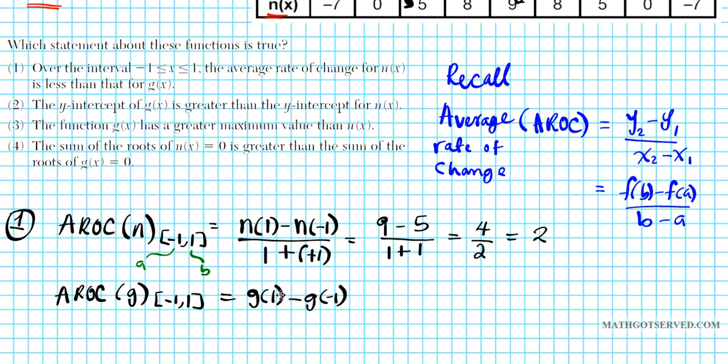This is a rise, y2 minus y1, over your run, x2, which is 1, minus x1, the same thing as b minus a. So a can be thought of as x1 and b can be thought of as x2, whichever notation you like to use. So here we also have that's the a, and that's the b right there.